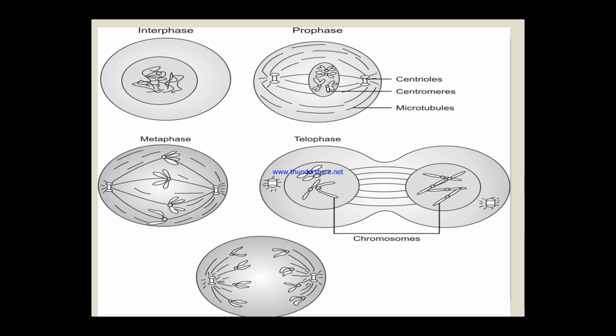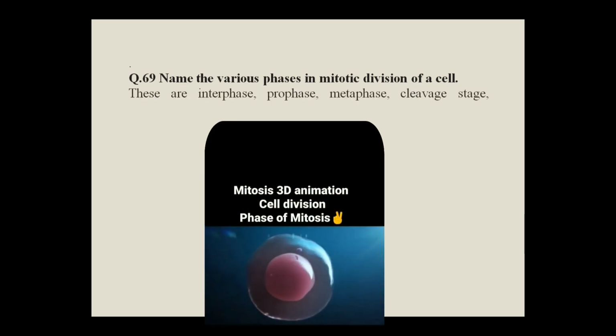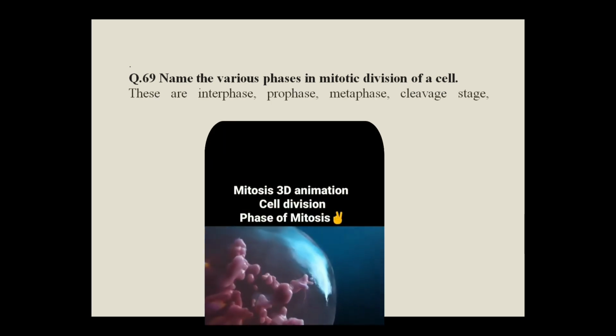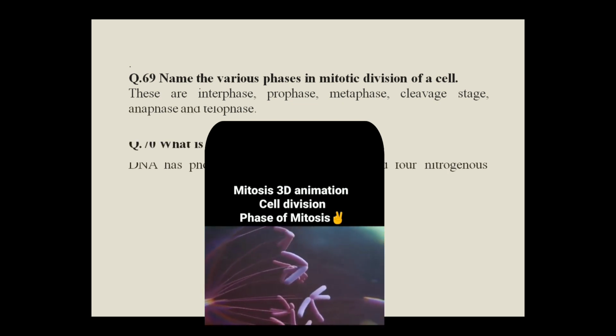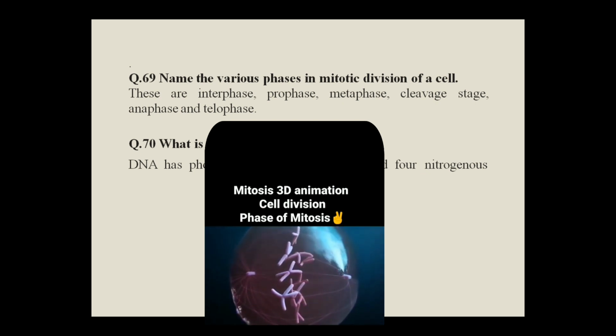This here is a diagrammatic representation of mitosis, where we see these are the phases: the interphase, the prophase, the metaphase, and the telophase. Can you name the various phases in mitotic divisions of a cell? These are, as we just said, interphase, prophase, metaphase, cleavage stage, that is anaphase and telophase.